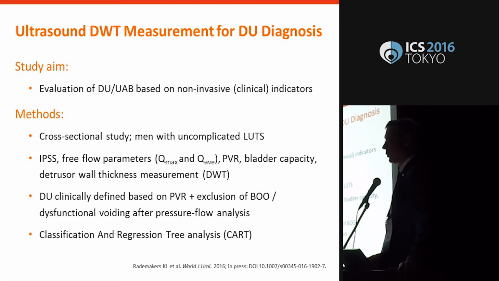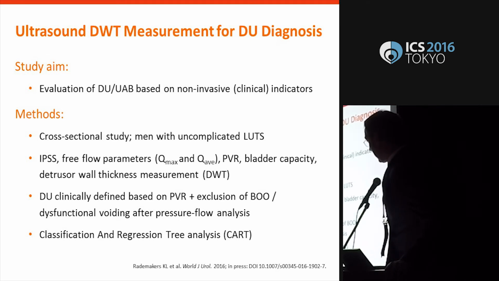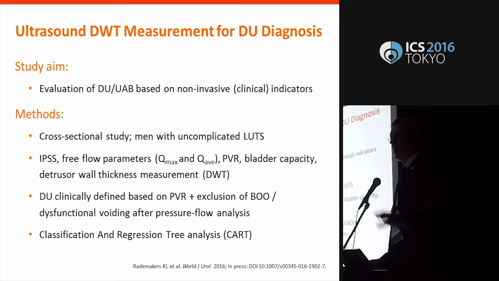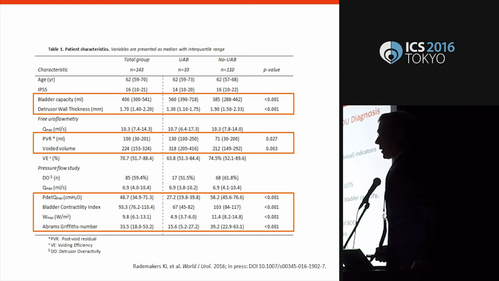So what did we do? We reanalyzed this old database where we started a prospective investigation to show that bladder outlet obstruction is associated with thickening. We re-evaluated this and we ran a program over it. It's called CART analysis, a multifactorial, multivariate analysis.